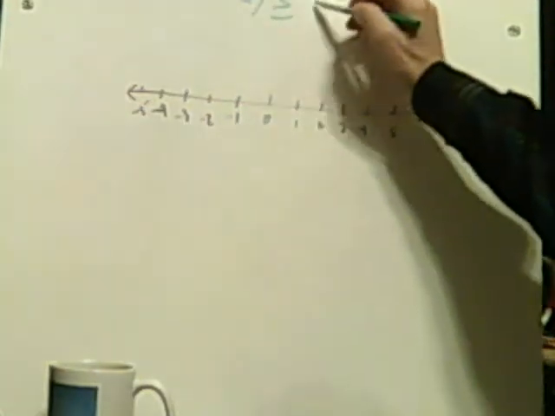Number 6 is x such that -7 is greater than or equal to x.